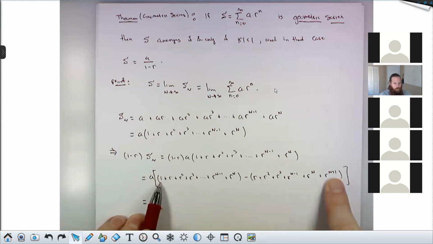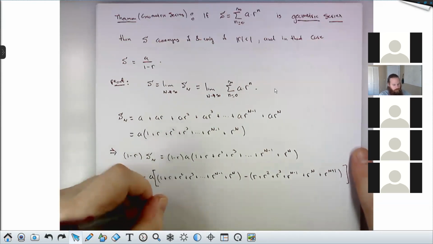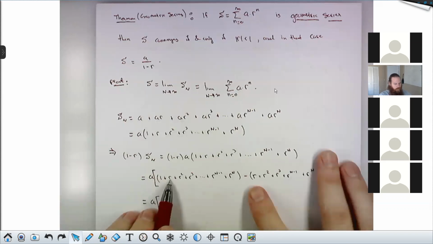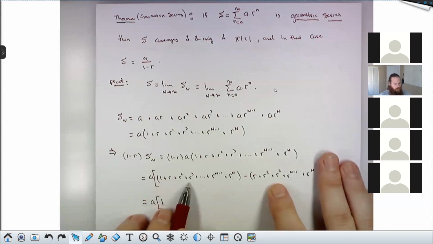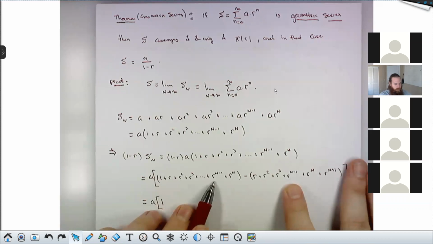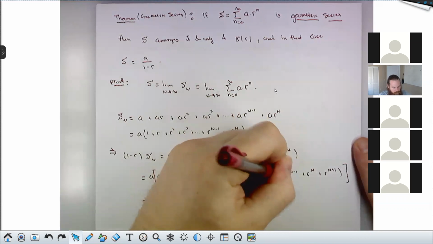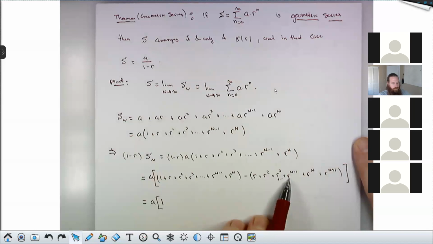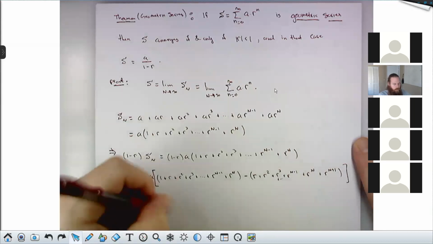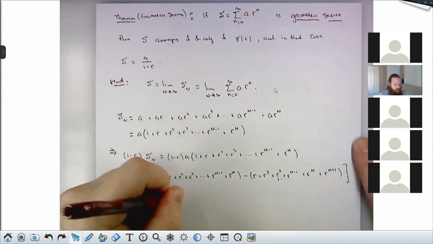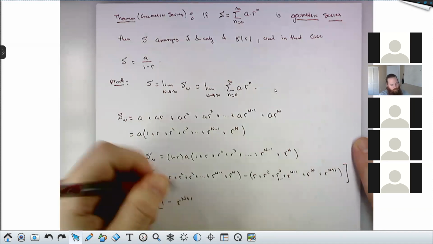There is no 1 over here, so the 1 survives. The r and r go, r squared and r squared, r cubed and r cubed, r to the N minus 1 and r to the N minus 1. All of these go. Oh, there should be dot dot dots in here. Sorry. Yeah, all of these go except for the 1 and the r to the N plus 1.